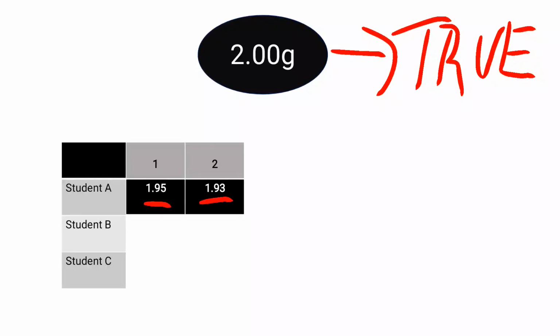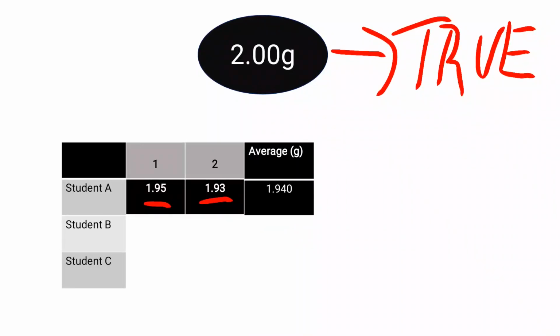Now, if I take the average of the values, that is trial 1 value and trial 2 value, 1.95 plus 1.93 divided by 2, I will get the average or mean as 1.940. Now look at the average value and the true value.